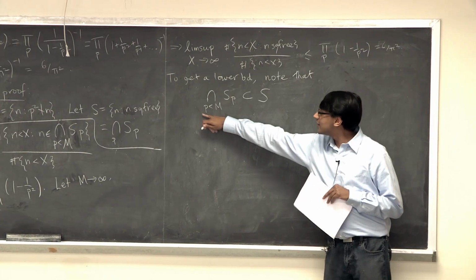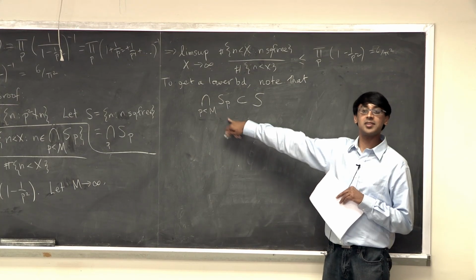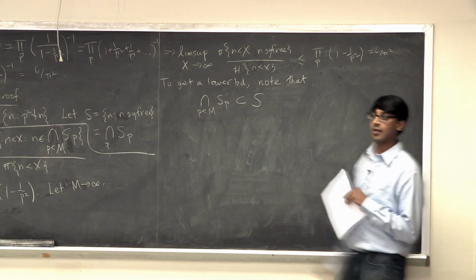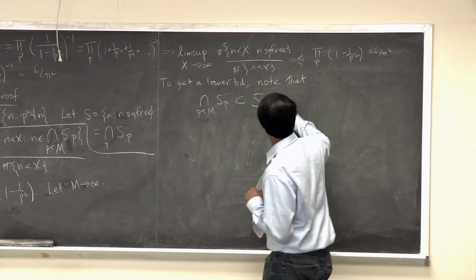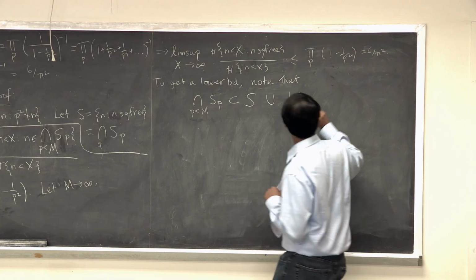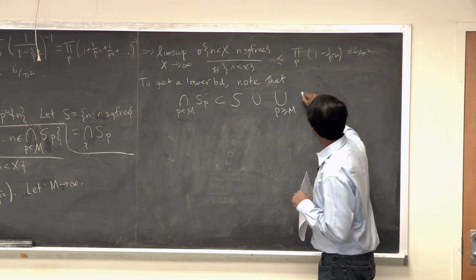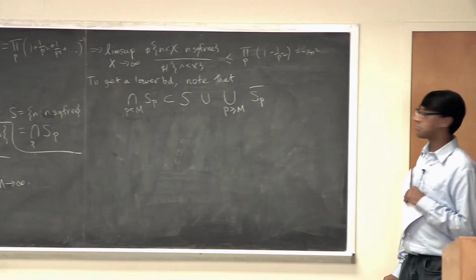These are the numbers that are square free everywhere for primes p less than m, but it's missing numbers, so union p bigger than or equal to m of the multiples of p squared.